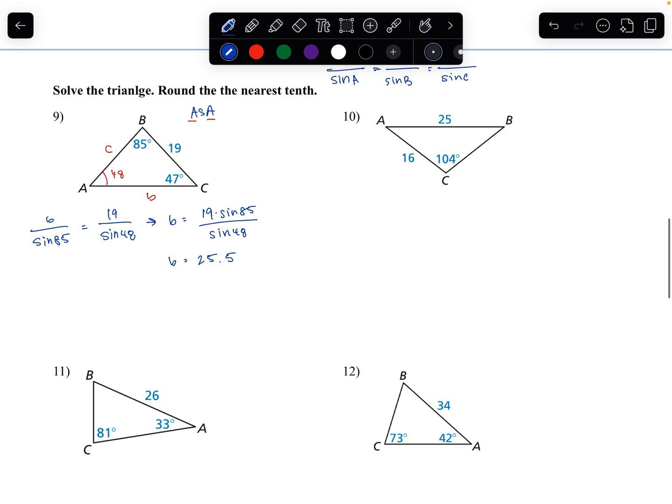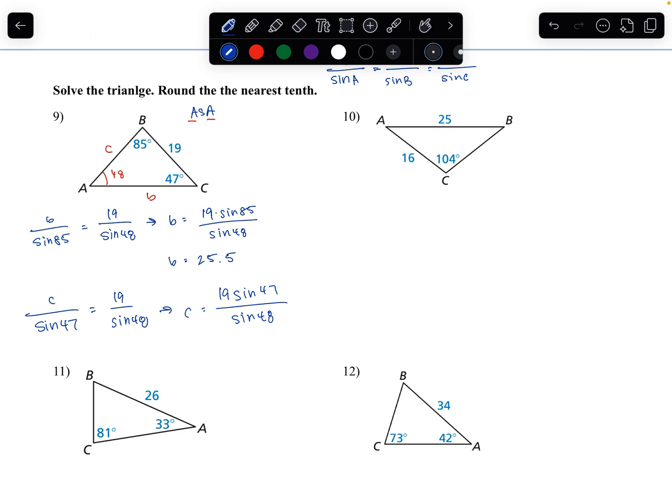And now let's solve for C. So C over sine of 47 is equal to, and I'm just going to stick to using this right here, 19 over sine of 48. And doing the same thing, I'm going to multiply by sine of 47. So 19 times sine of 47 over sine of 48.